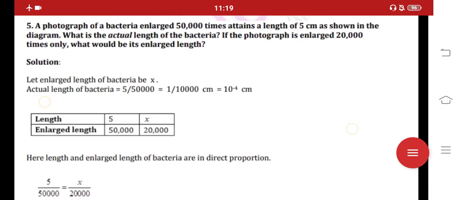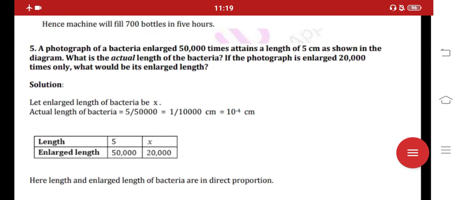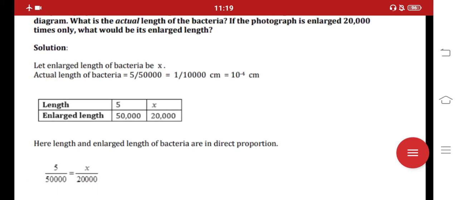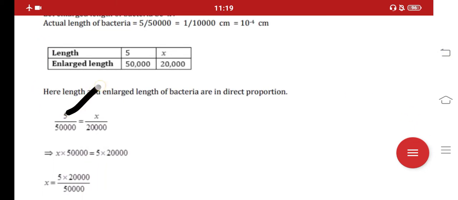So what we have to find out? If the photograph is enlarged 20,000 times only, what would be its enlarged length? Means the enlargement is given, we have to find the enlarged length. So see, for length 5, it is enlarged 50,000 times. So for what length will it be enlarged 20,000 times? Simply cross multiply the terms and you will get how much?